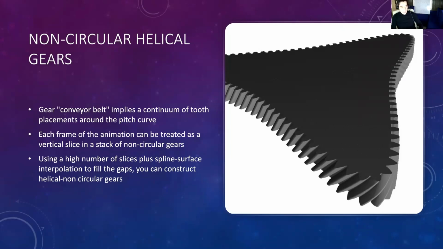If you treat each frame in that animation, each varying tooth placement, as a slice in a vertical stacking of many different gears that all share the same pitch curve but have a slightly shifted tooth placement, then when you stack them all up together you get this spiral-like tooth pattern. Now you need to use some spline surface interpolation to create a nice smooth continuum, and you need to use a fair number of sample slices, but you can do it.